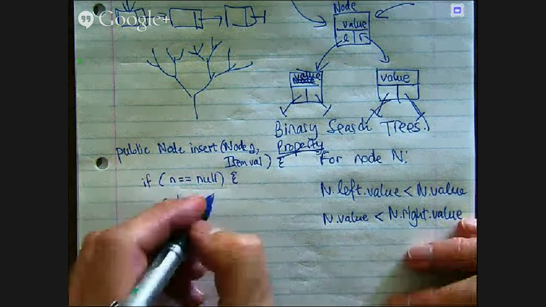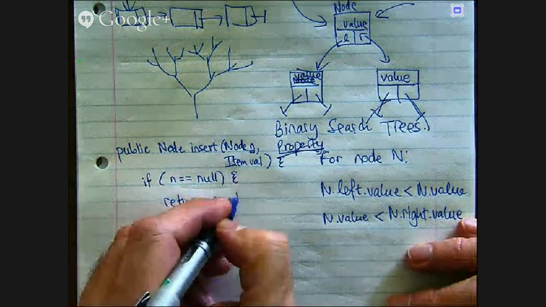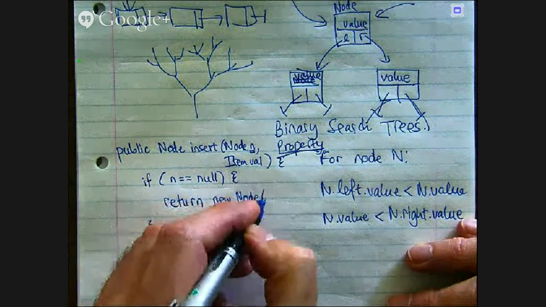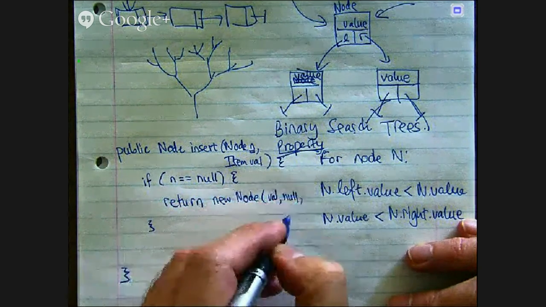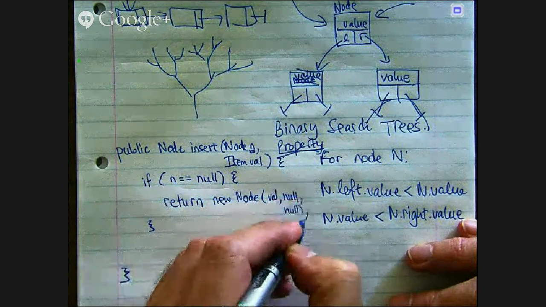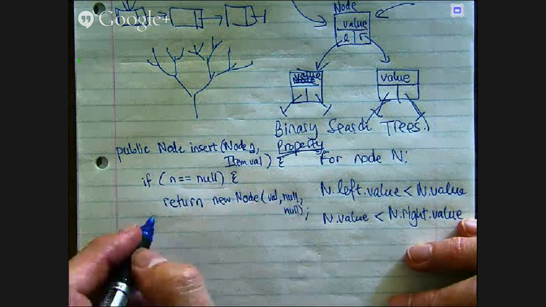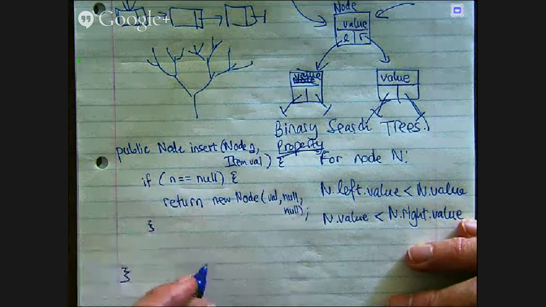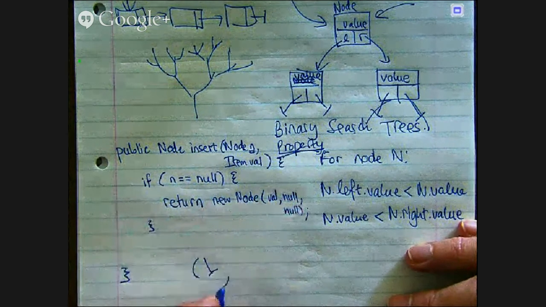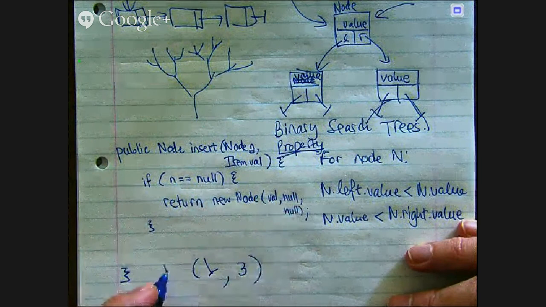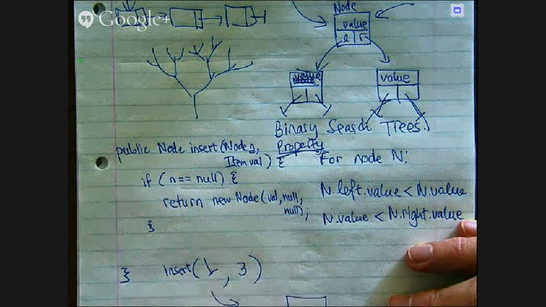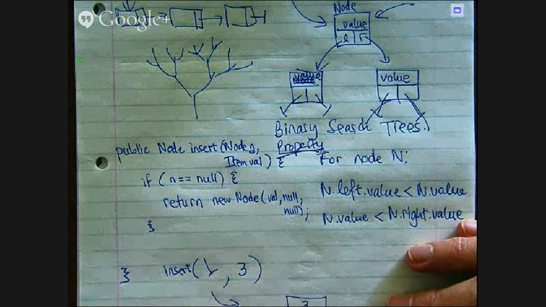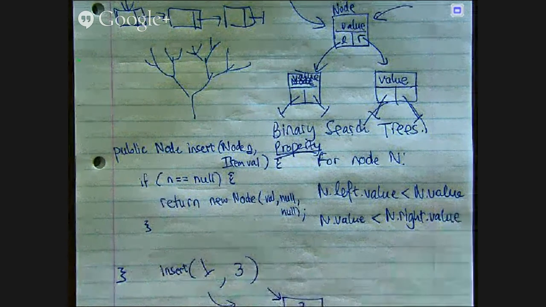I'm just going to create one new node with this value and a null left and a null right, and I'm going to send that back. So if I'm asked, given an empty tree, to insert 3, I'm going to return a new node with 3. That is what I'm going to return.